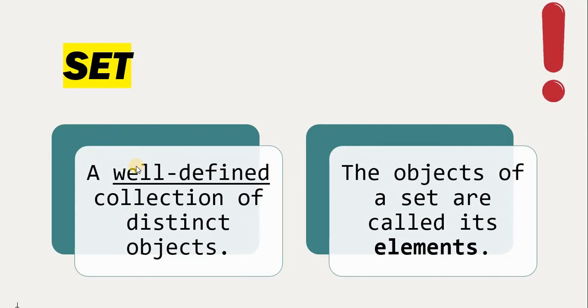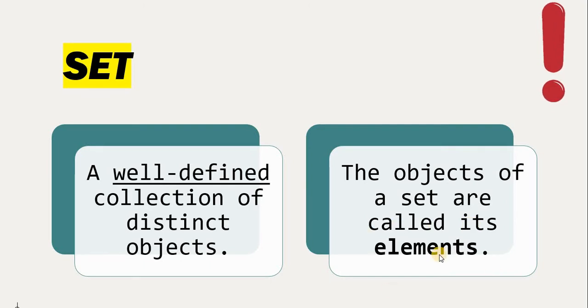But unlike kapag sinabi ko lang na grade 7 Nizar, set of students of grade 7 Nizar. Pwedeng malito dahil meron din grade 7 Nizar students last school year. Okay? So, ganun natin dinedefine yung set. Okay? And then the objects of a set are called its elements.